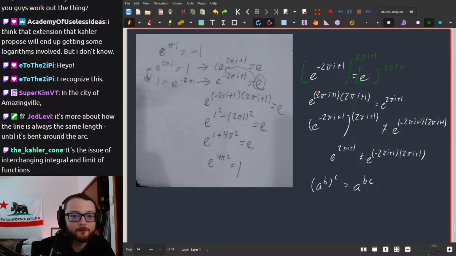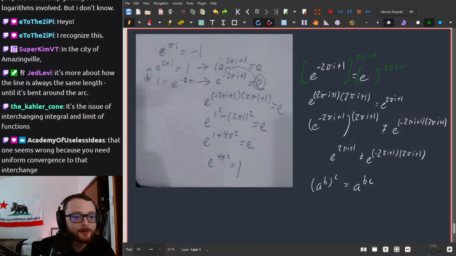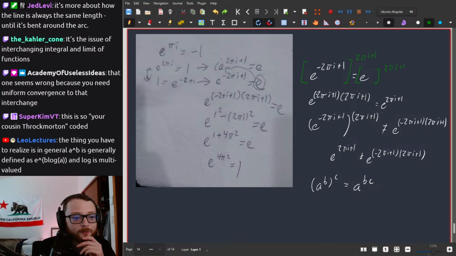Also for Zach, we were looking at this fake proof from Kim, or that someone showed to Kim, that pi should equal 0. And we're trying to figure out where the error in the proof was, and it must be from this step here where they raise each side to the power of a complex number.